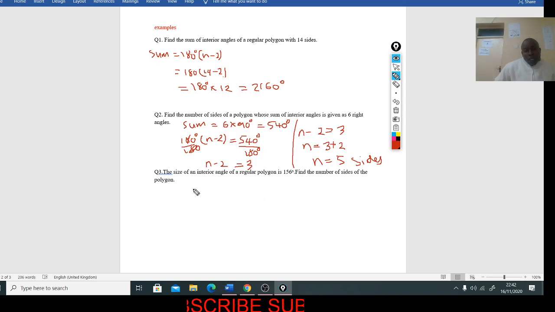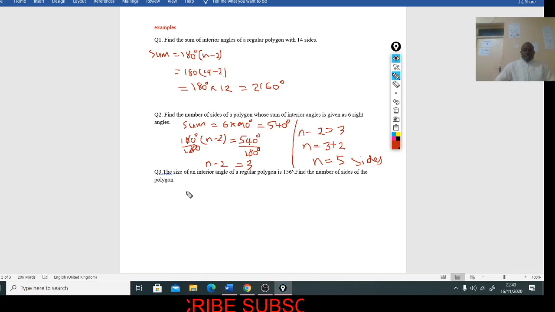Question number 3. The size of an interior angle of a regular polygon is 156 degrees. Find the number of sides of the polygon.